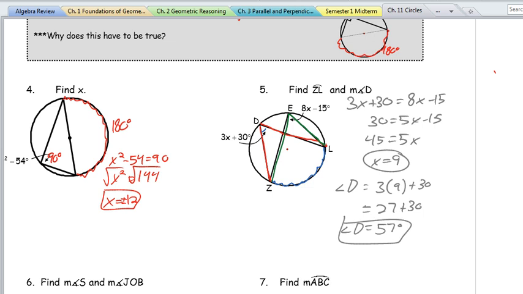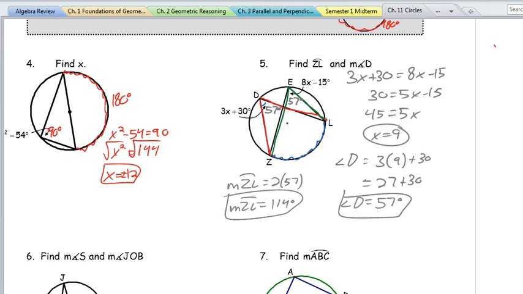And then to find LZ, if this guy's 57, we know this guy's 57. Both those we need to double to get out to this part. So the measure of ZL is going to be 2 times 57, or 114 degrees. So just using that little corollary there.